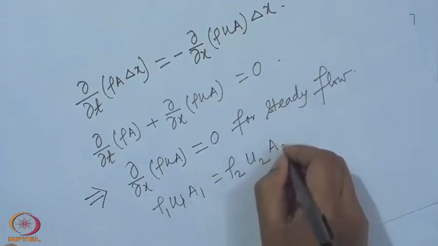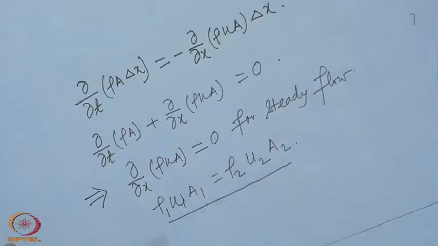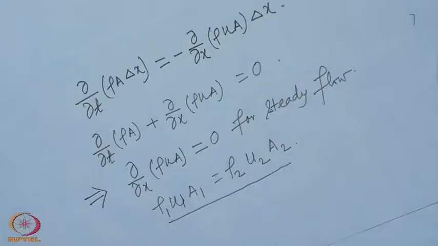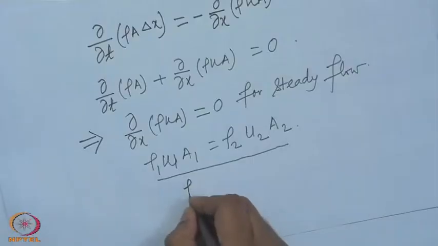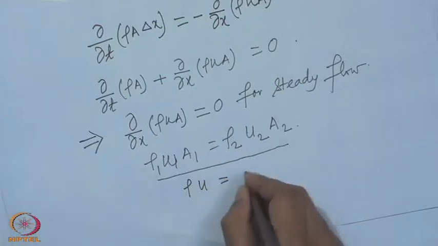So, this also can be taken as the continuity or mass conservation equation for steady one dimensional compressible flow. That is, the mass flow at any cross sectional area remains constant; whatever mass is crossing a particular cross section must pass through all other sections. And if the cross sectional area remains constant, then this equation changes to rho u equal to constant.